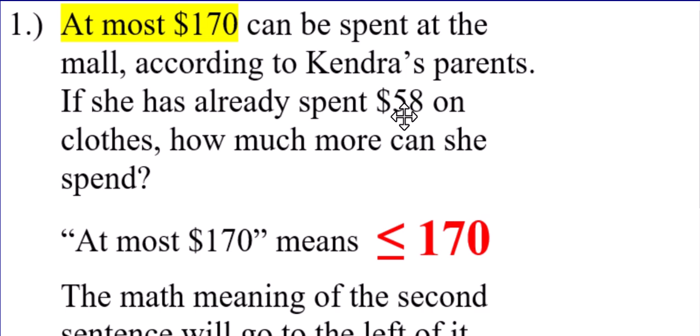She's already spent money on clothes. How much more money can she spend? Since we're trying to find out how much more money she can spend, we should probably choose S for the money that she can spend. And we know she already spent $58. How do you find total amounts of money that you spend in real life?